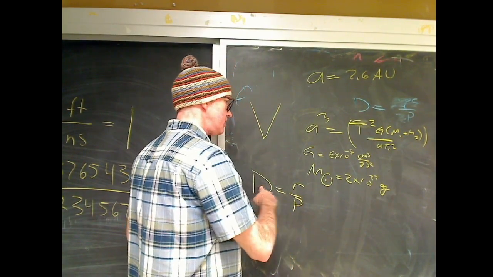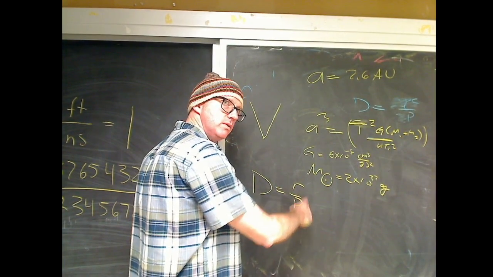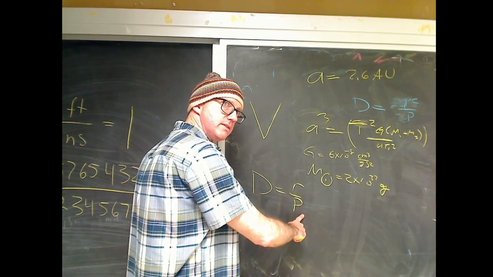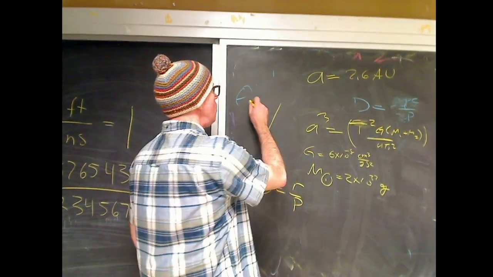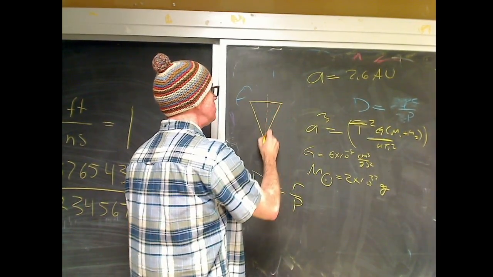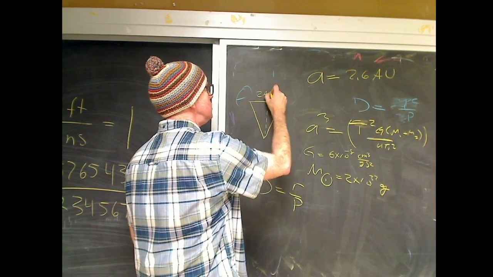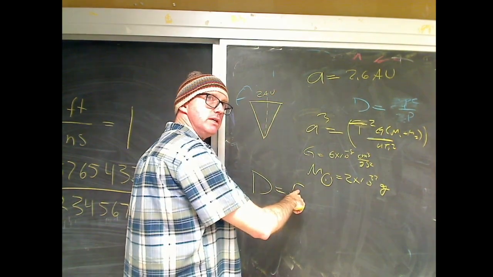This is in parsecs, this is in AU, and this is in arc seconds. So you just need 1 AU. So when I did this for Barnard's star, I had 2 AU on the baseline, so I need to have 2 here.